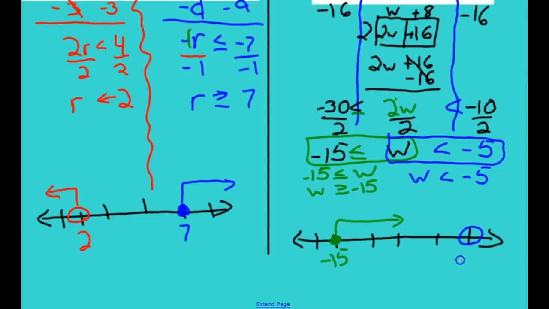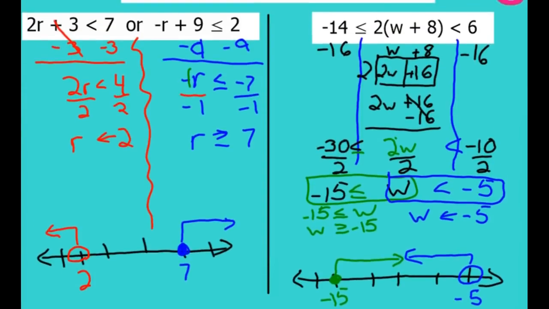It's an open circle because it's less than, pointing to the left. Our inequalities should meet, which gives us an AND inequality, which that's what it was up at the top. So we know we did this correctly.